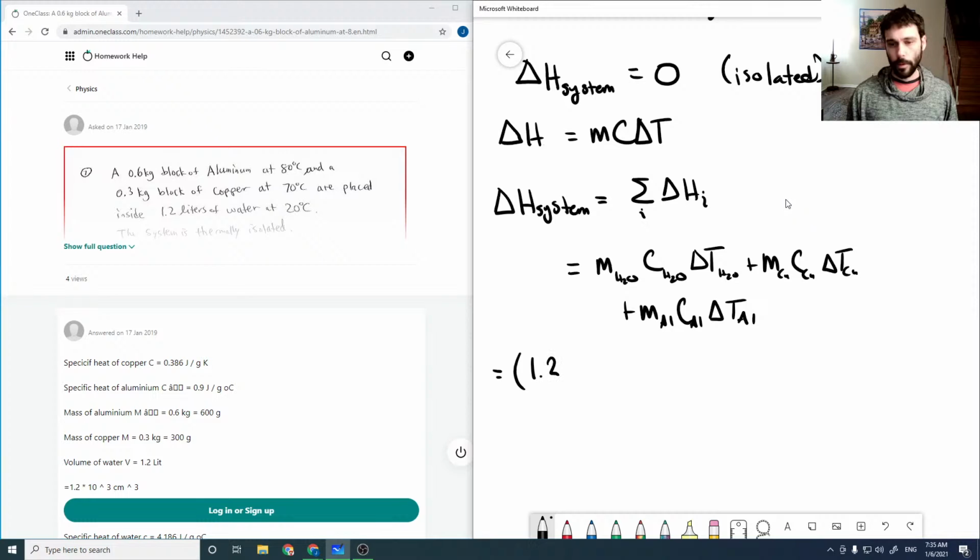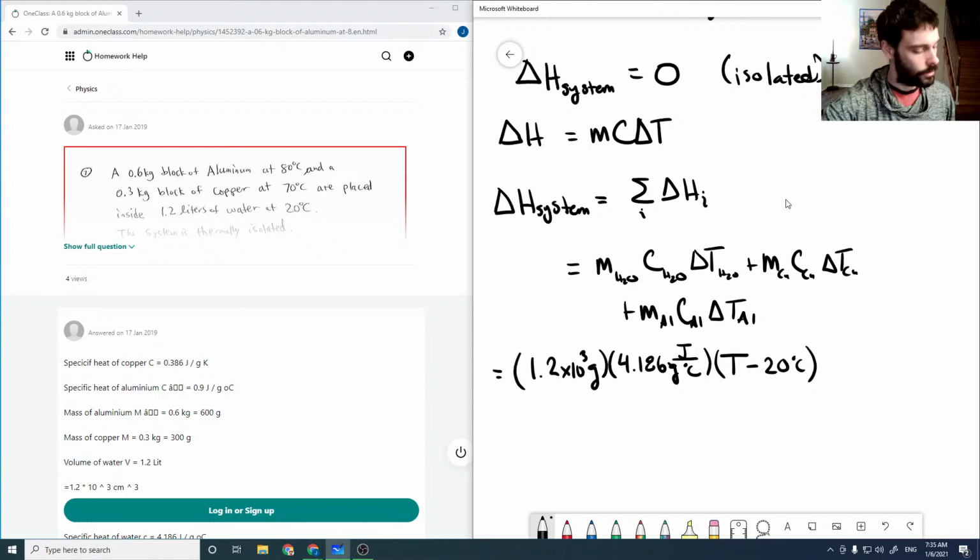So for water, we had 1.2 times 10 to the 3 grams. Our heat capacity was 4.186 joules per gram degrees Celsius. And our delta T is our final temperature minus our initial temperature, which in this case, it's fine to use degrees Celsius, as everything is in deltas anyway.